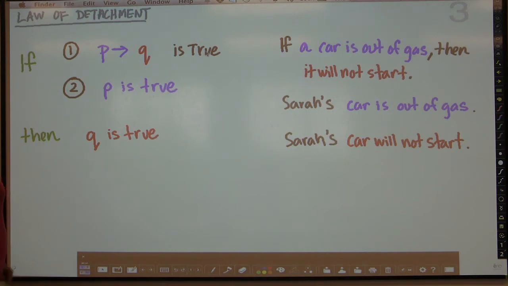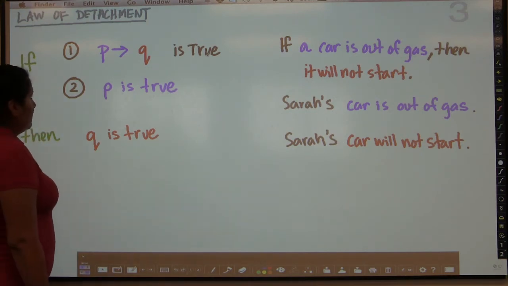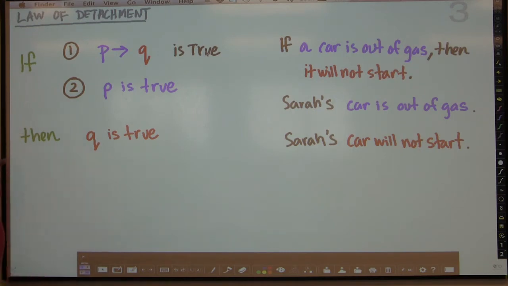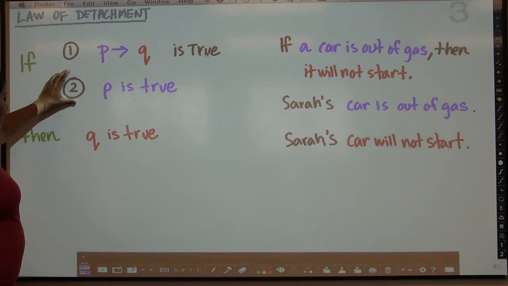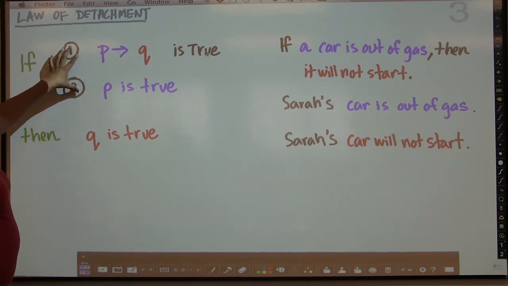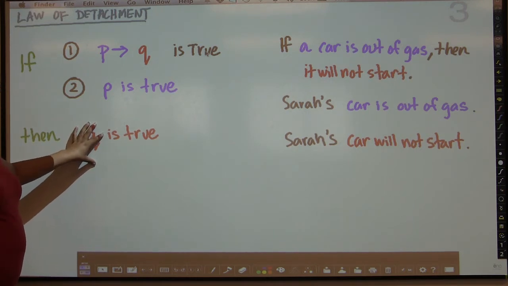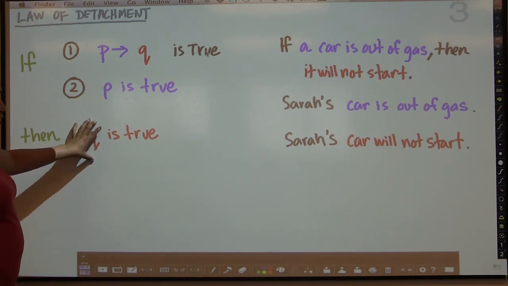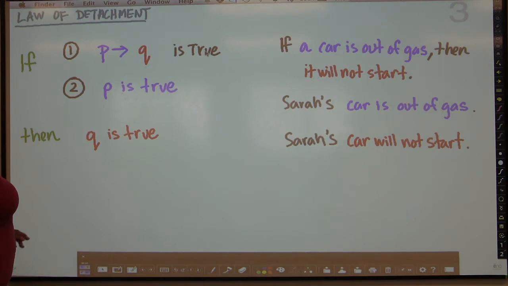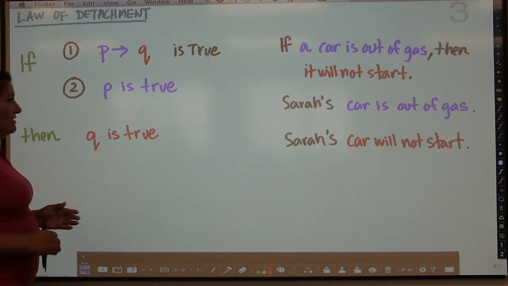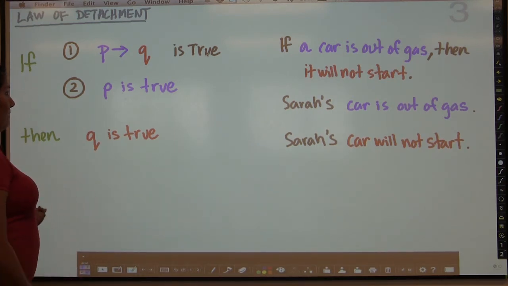So first of all, there are basically three parts to this law, and it is an if-then statement. So the if part is that there are two pieces to the if. It means that these two things have to happen first, and if these two things happen, then we know that this last thing is true, or is the conclusion that we can draw. Okay, so that might sound kind of confusing, but hopefully once the example gets there, you'll understand what that means.